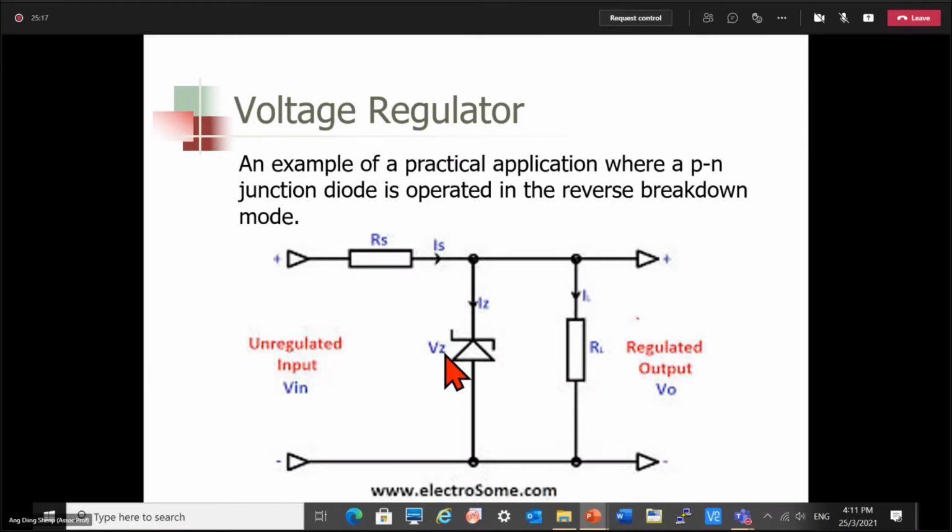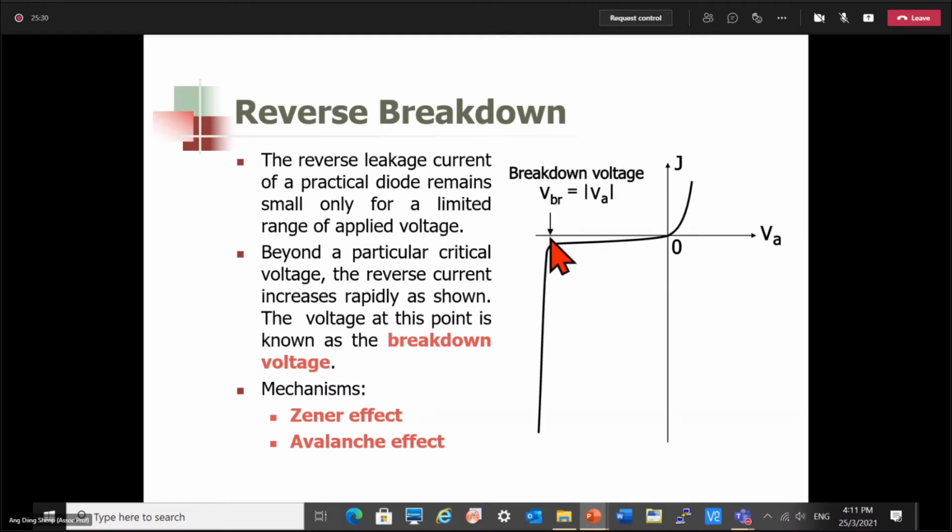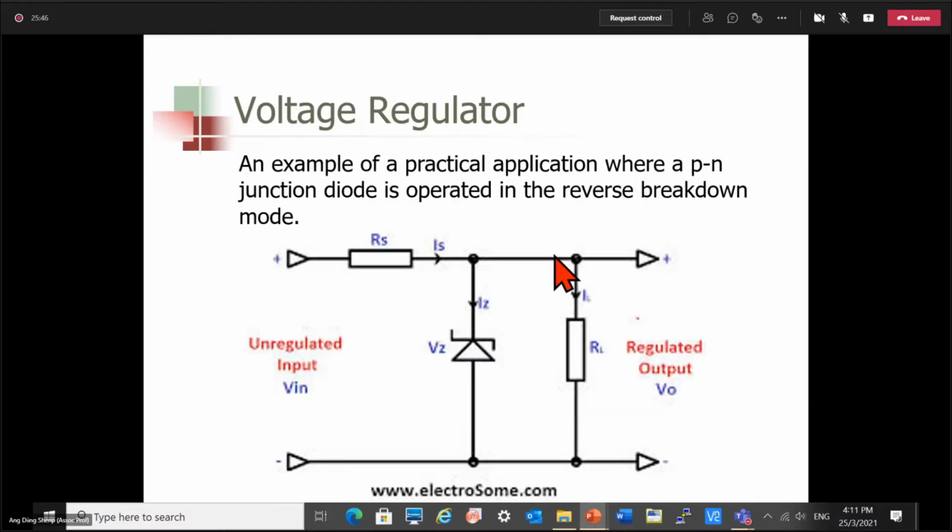The reason is because when the diode is operated under breakdown, it allows a large current to flow for an insignificant change in the voltage. In other words, a large current can flow through the diode for a practically constant voltage across the diode. Due to this behavior, the voltage across the load, which is also the breakdown voltage across the diode, can be kept to a constant value.